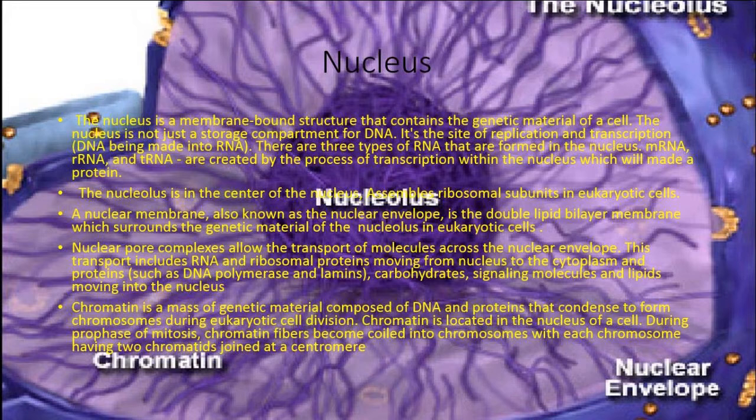So when DNA and protein condense, they form chromosomes during eukaryotic cell division. Chromatin is located in the nucleus of a cell during prophase of mitosis. Chromatin fibers become coiled into chromosomes, with each chromosome having two chromatids joined at the centromere. So, in conclusion, we can say that the nucleus is the center of the cell and directs every action.